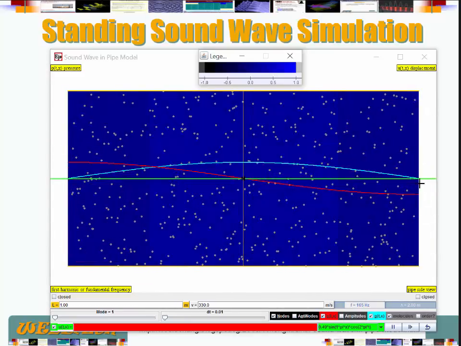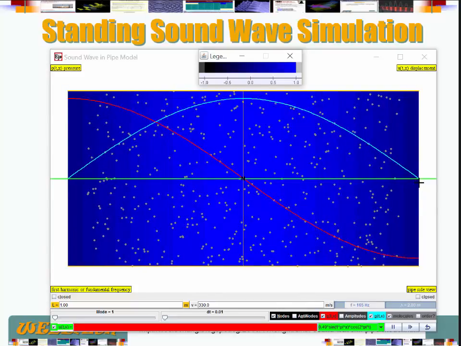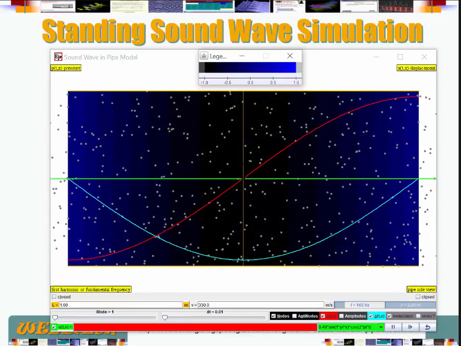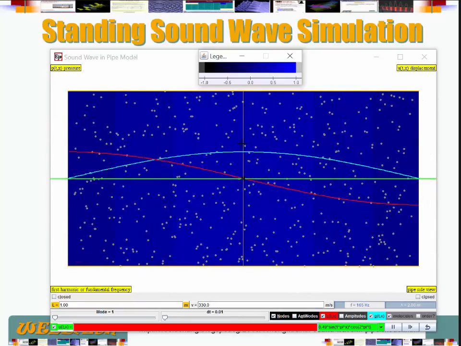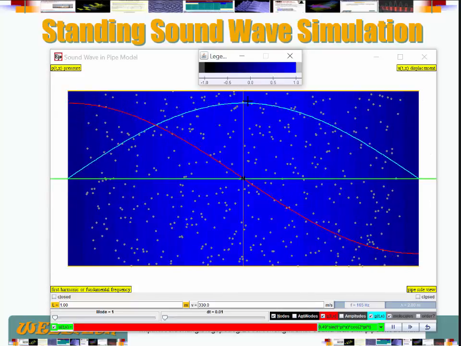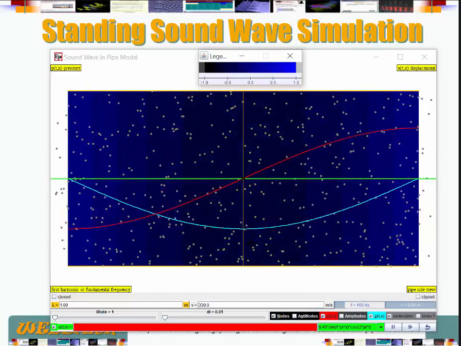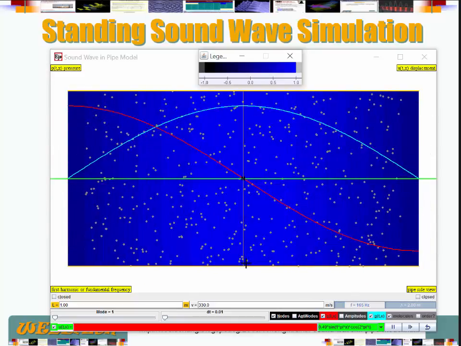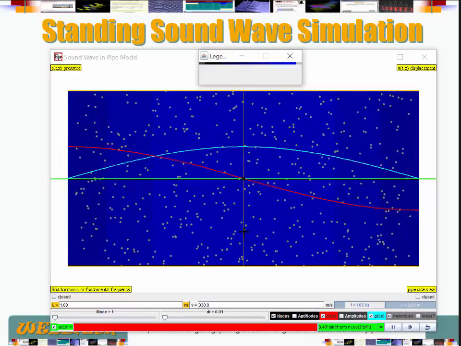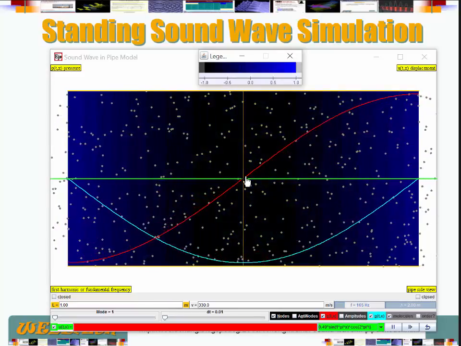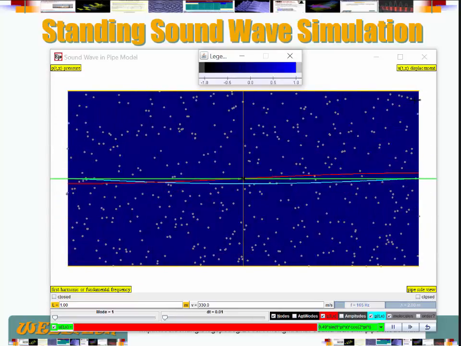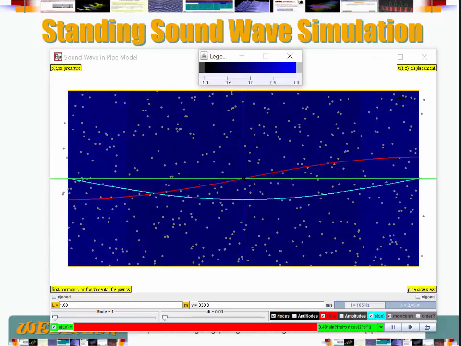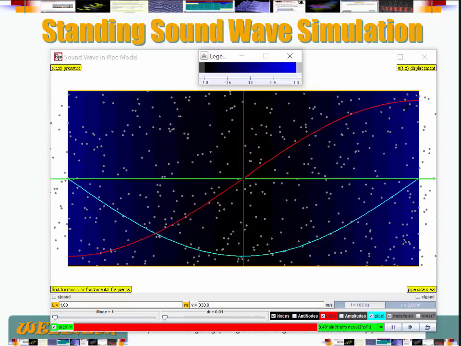The pressure here is remaining at the same zero value, but here the pressure is increasing from a minimum to a maximum. However, if you pay attention to the air molecules there, here the air molecules don't move much, and that's the displacement we see here. But here, if you pay attention towards the open ends, the air molecules are moving with quite an amplitude.